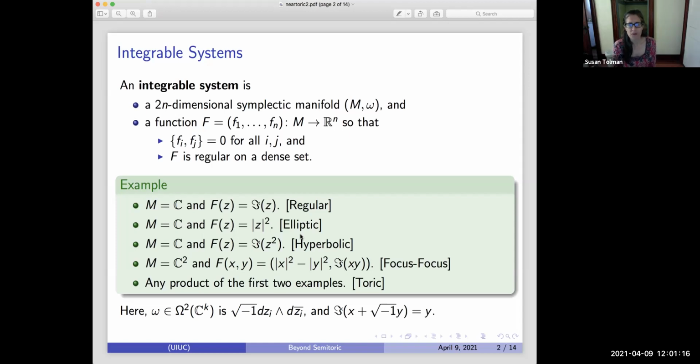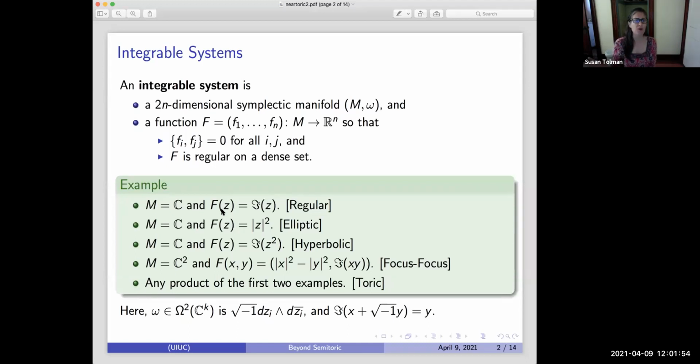There are some important examples. First, we can let M be the complex numbers and F be the imaginary part of z. Then we have M equals C and F the norm of z squared.